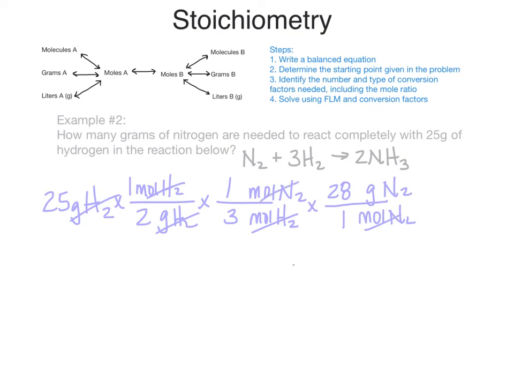And my moles of nitrogen are going to cancel. And the only units and substance that I don't have crossed out is grams of nitrogen, which is what my problem asked me for. And so I do my calculation and I get 116.7 grams of nitrogen are required to react with 25 grams of hydrogen gas.